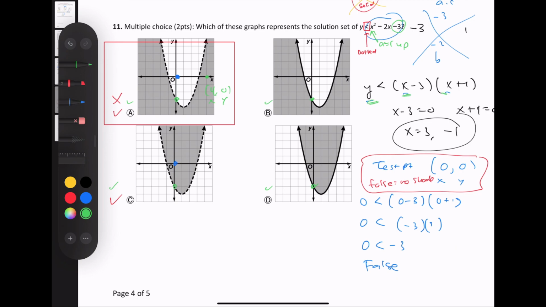Same thing, every x value. So 0 for y. X is 4. That's a 4. 1, 5, 0 is less than 5. This is true. So the ordered pair that we have, that area should be shaded.